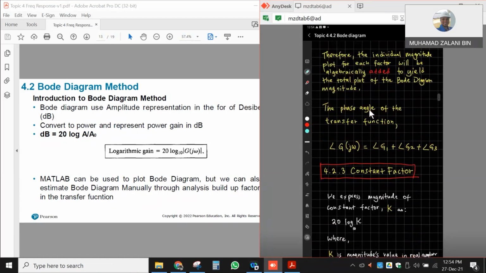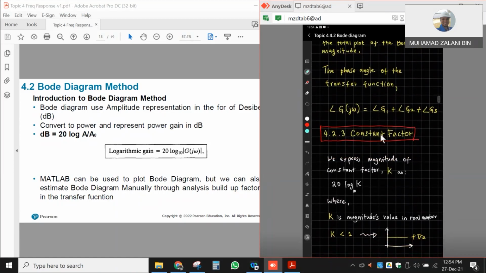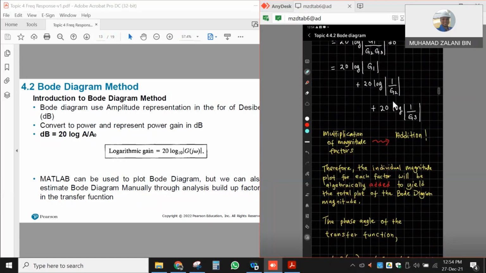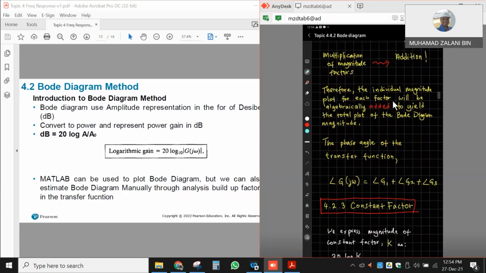The angle of G J omega is the angle of G1 plus the angle of G2 plus the angle of G3.